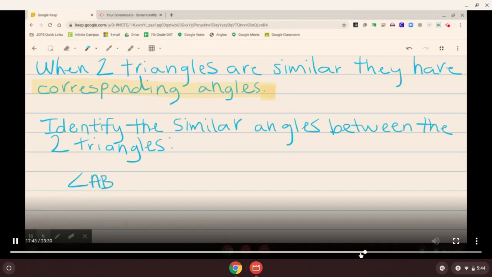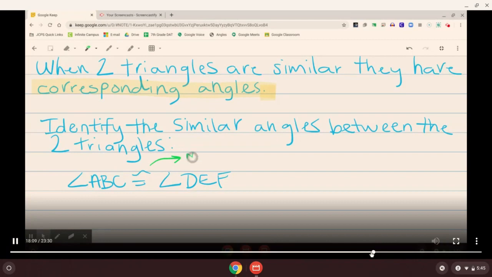So we have angle ABC. We are going to see what angle is similar to that one, which we know already that it is going to be angle DEF. So we're going to look at these two angles and discuss them.